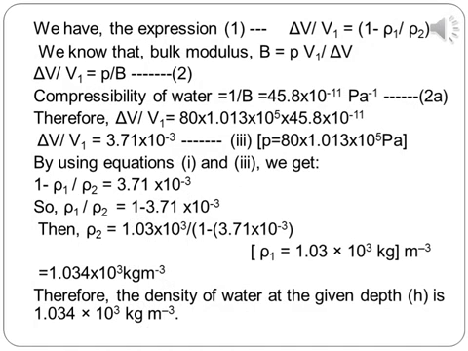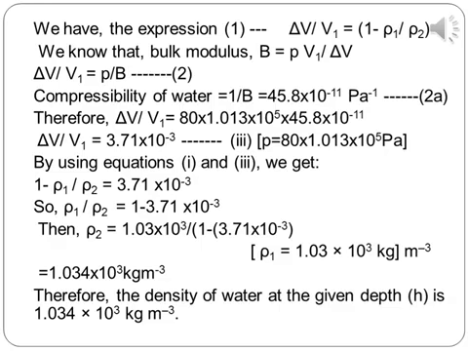We have the expression 1, which is delta V by V1 is equal to 1 minus rho 1 by rho 2. Bulk modulus B is equal to P V1 by delta V. So, delta V by V1 is equal to P by B, which is the expression 2.